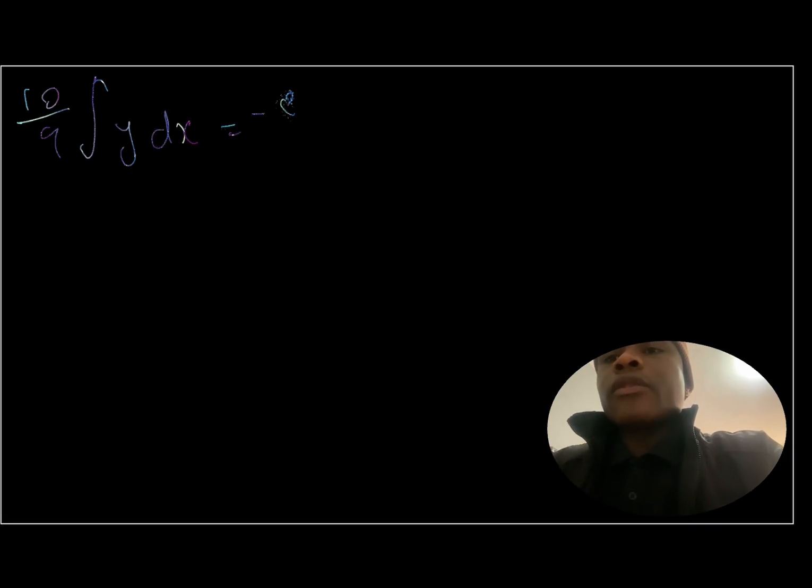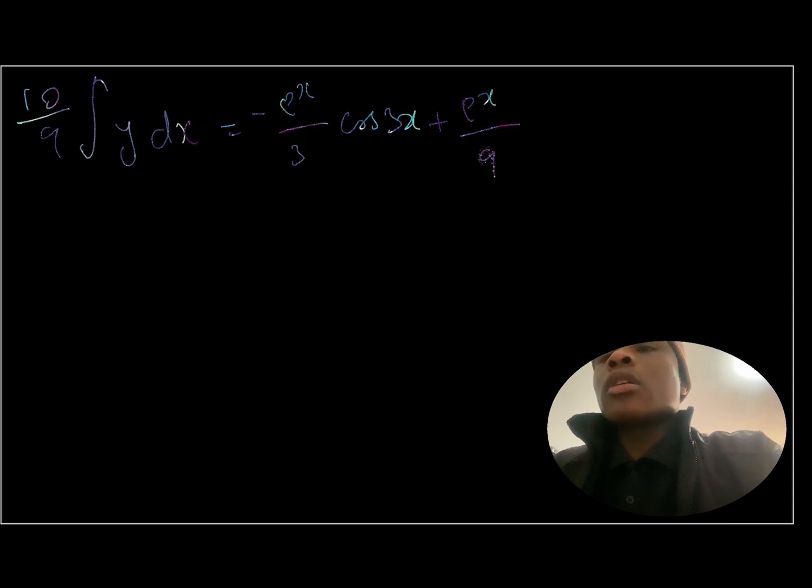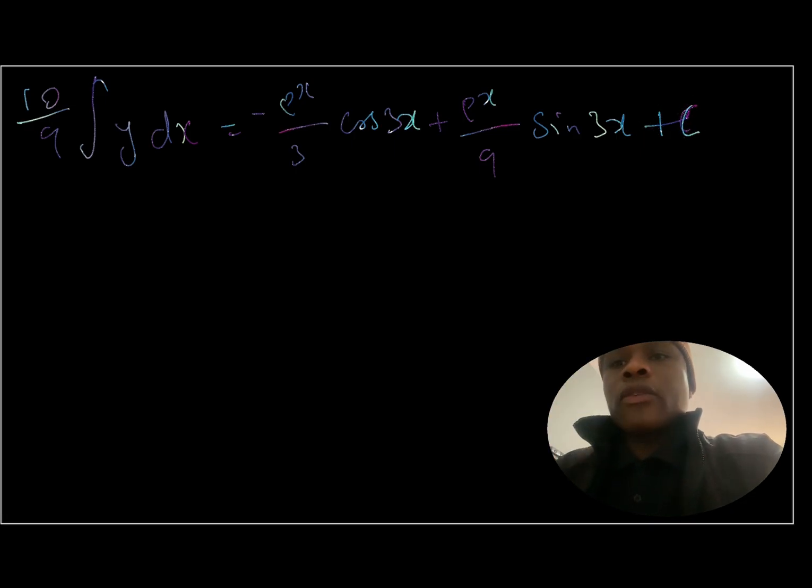Therefore, it will be negative e^x over 3 cos 3x plus e^x over 9 sin 3x plus c, right? Therefore, we're going to divide by 10 over 9, because we're not looking for 10 over 9 integral of y dx, but we're looking for integral of y dx. Therefore, we're going to be left with what we're looking for.